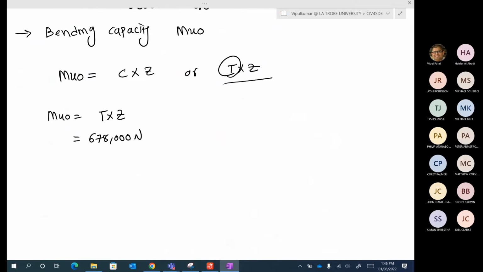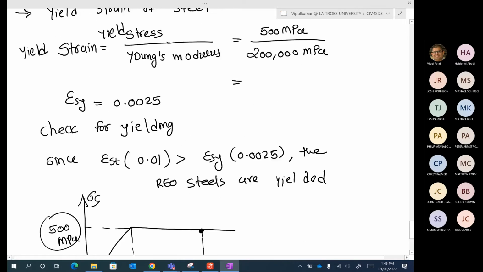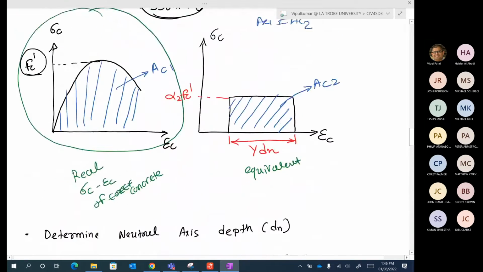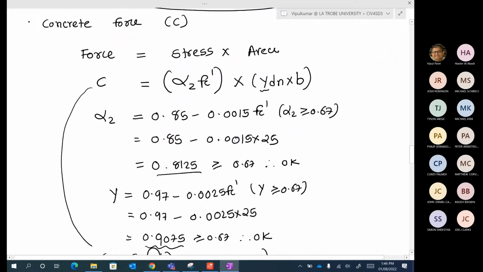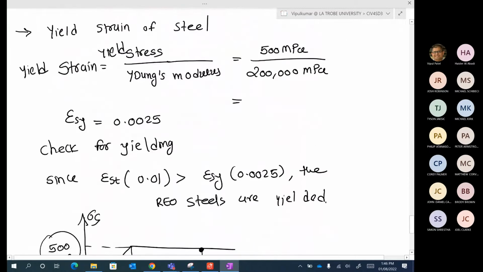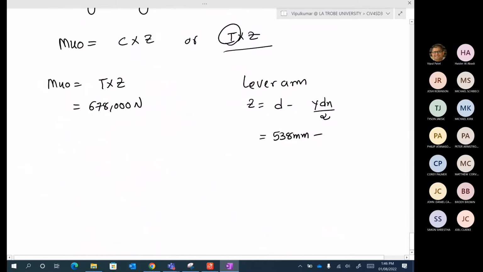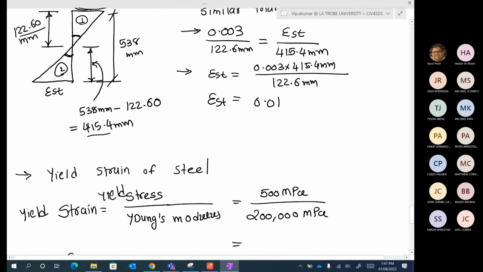So let's write it here. Lever arm z equals d minus gamma dn divided by 2. Small d is 538 millimeters, right? We calculated that one before. I can show it to you. Here you go, 538. Take away gamma, which we calculated.